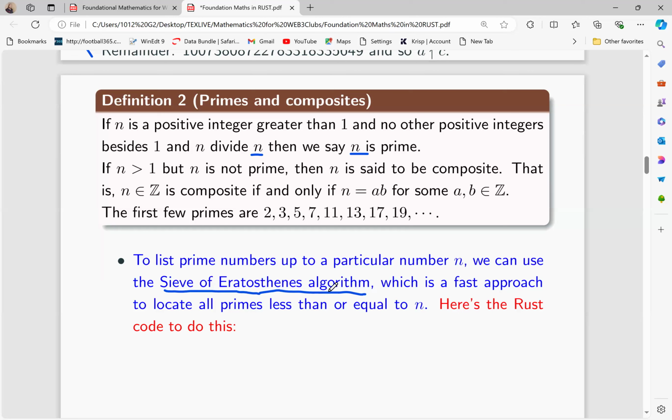There are other algorithms. Of course, we were supposed to look primarily at testing for prime numbers, and we've not done it by calculation.